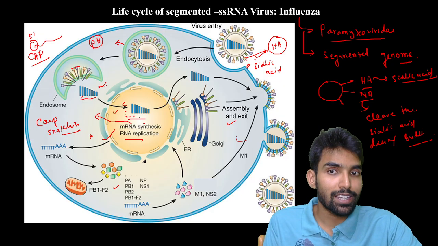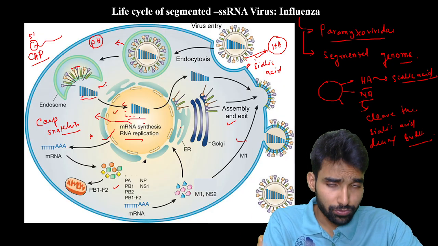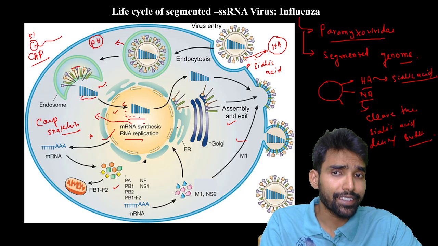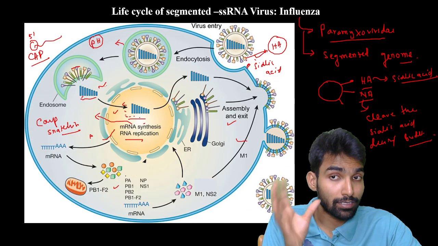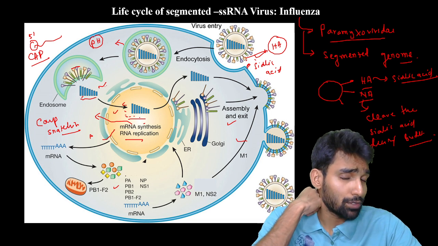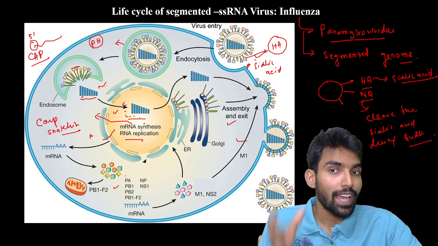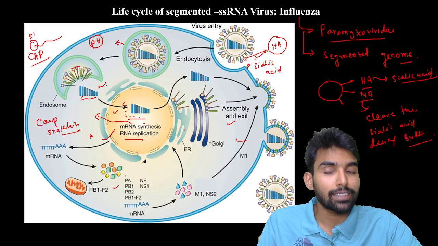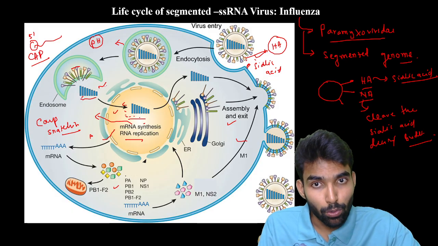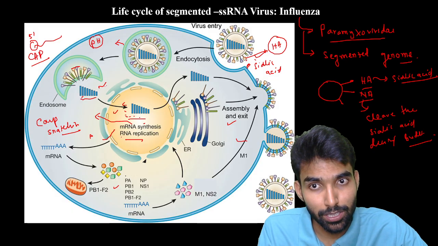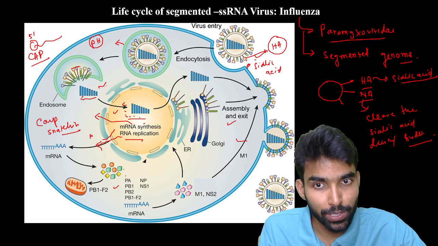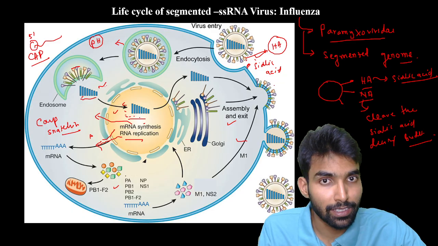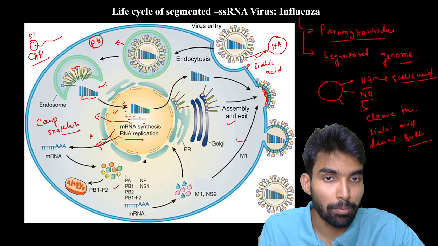So all the genomic material goes inside the nucleus, and inside the nucleus it utilizes the cap snatching mechanism. From the exam point of view, it's quite important. The cap snatching thing, they make the positive sense mRNA. The positive sense mRNA again comes out, similar to what happens in the mammalian cell. The mRNA comes outside and makes protein. This protein again accumulates in the host cell here, and from here the virus again buds.